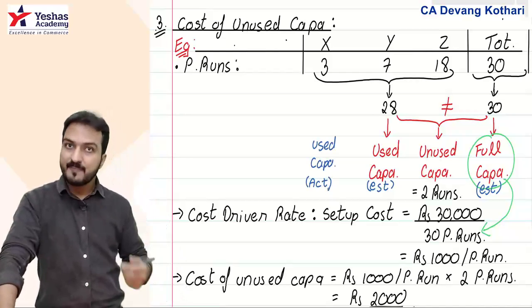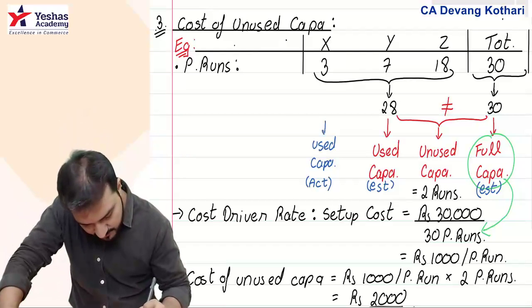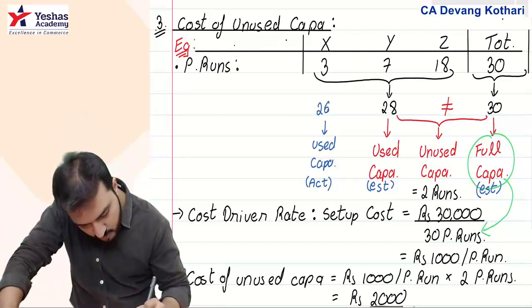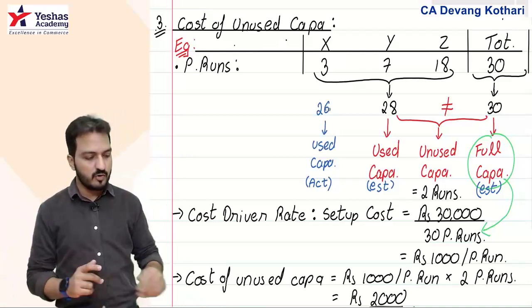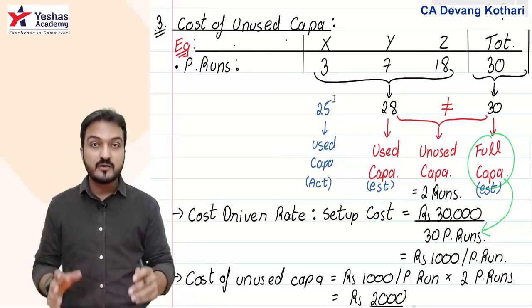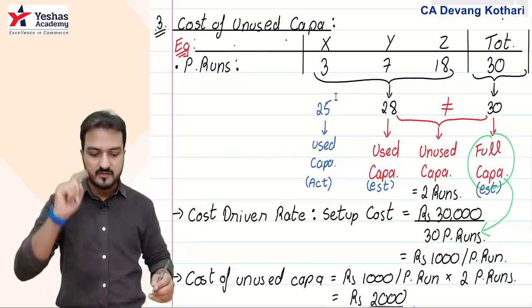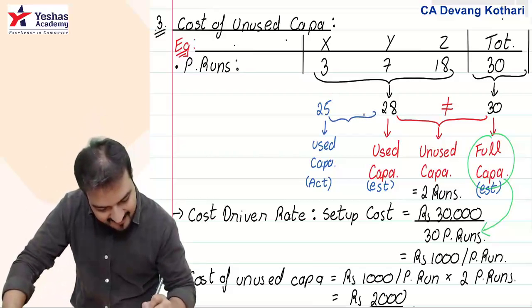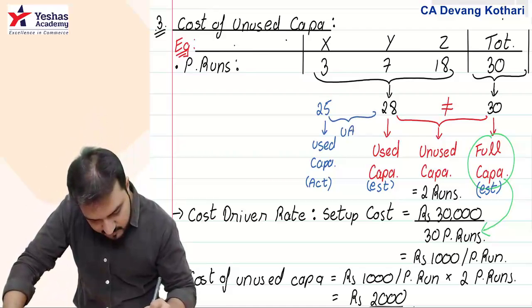What if the actual capacity used turns out to be only 26? Or let me make it 25. If actual capacity used turns out to be only 25, then this difference 25 to 28 will now give you under absorption.